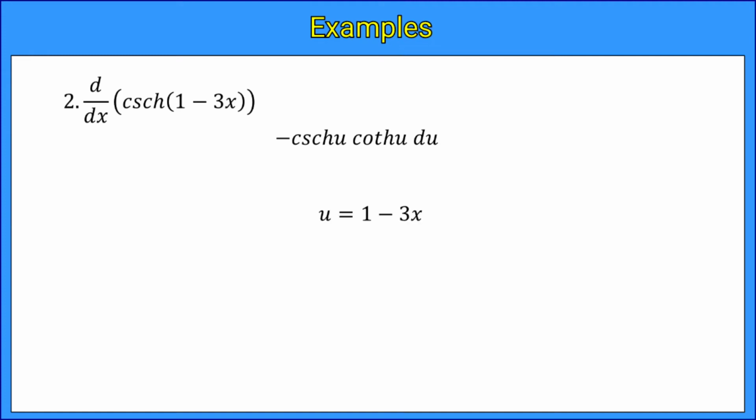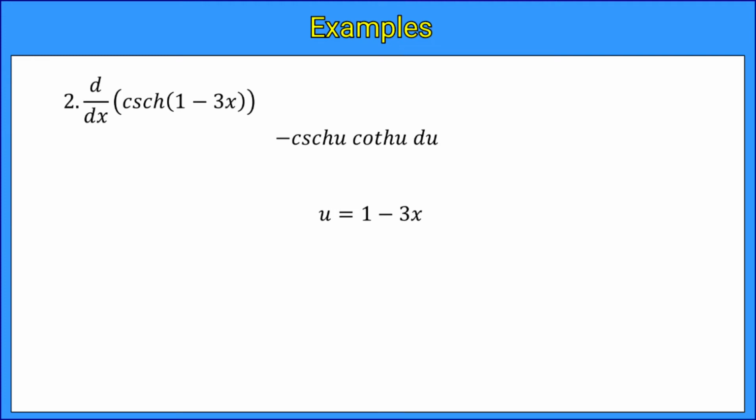Alright, so let us now move forward for getting the derivative of hyperbolic cosecant 1 minus 3x. We're just going to use this rule for finding the derivative of the hyperbolic cosecant function. So we have negative hyperbolic cosecant u hyperbolic cotangent u du. First we're going to get the u itself.